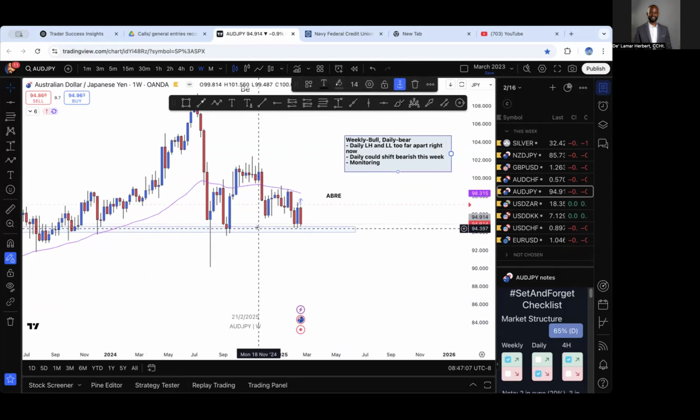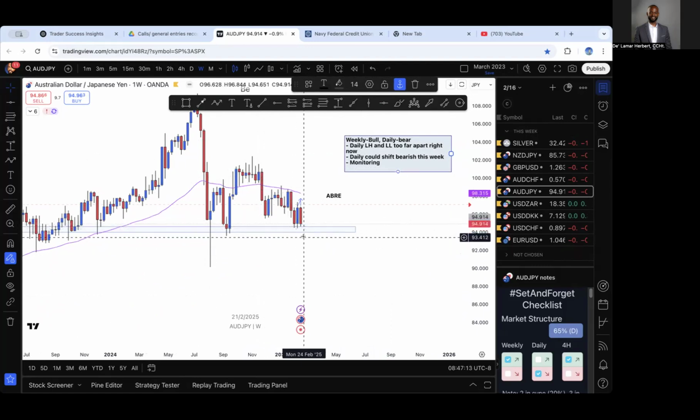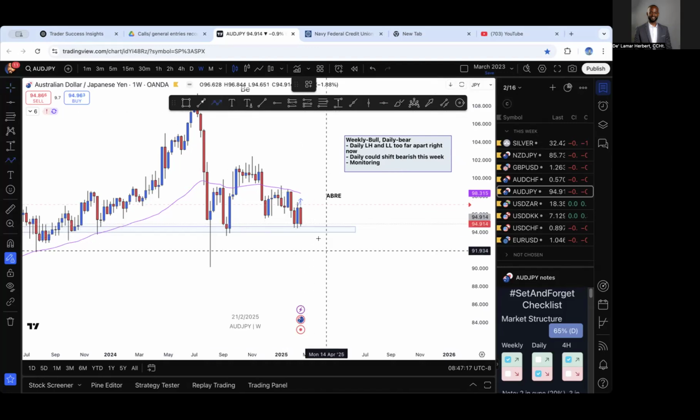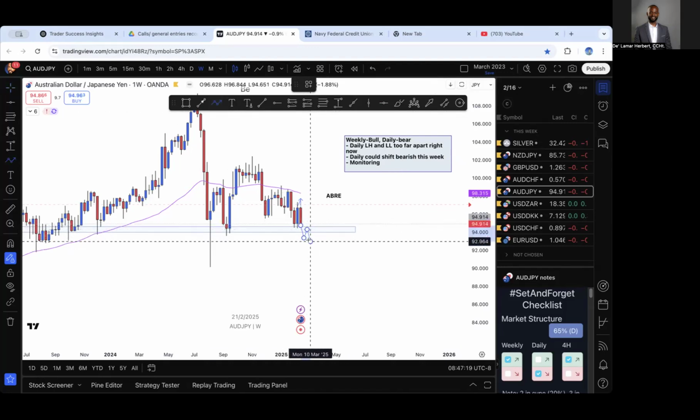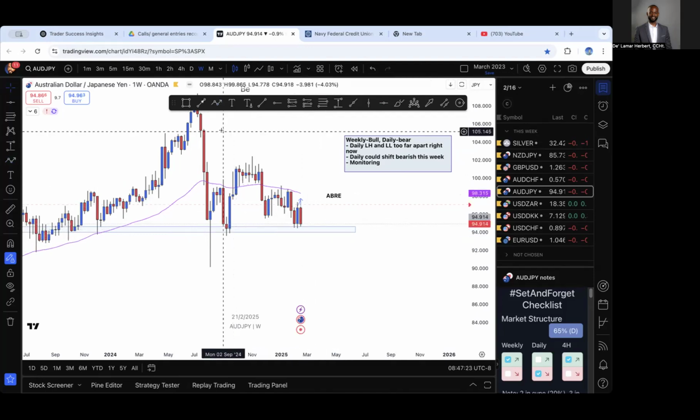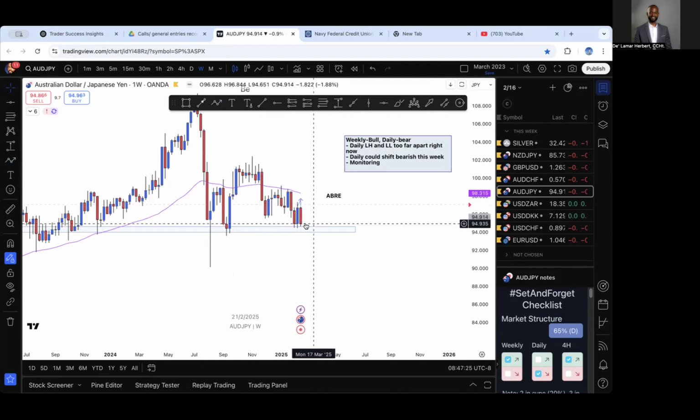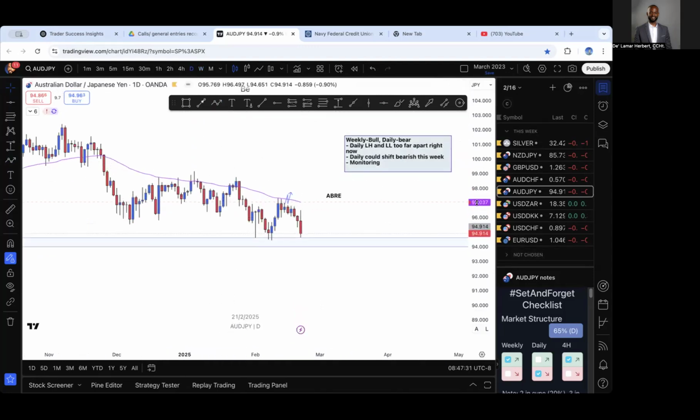There it is. Yeah, so weekly is still bullish. What could it do this week? Weekly could definitely shift bullish, right? Like that. But it could also do what it wants. It can also react from this AOI here because daily is bearish.